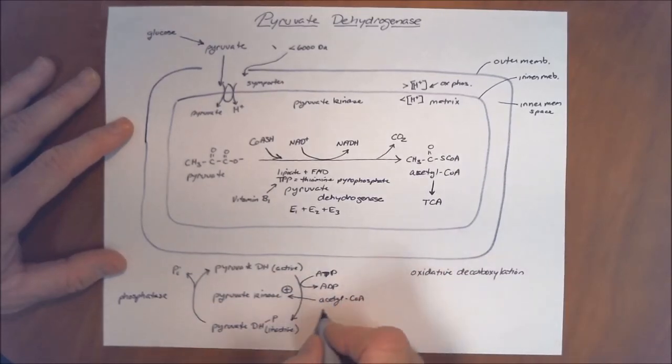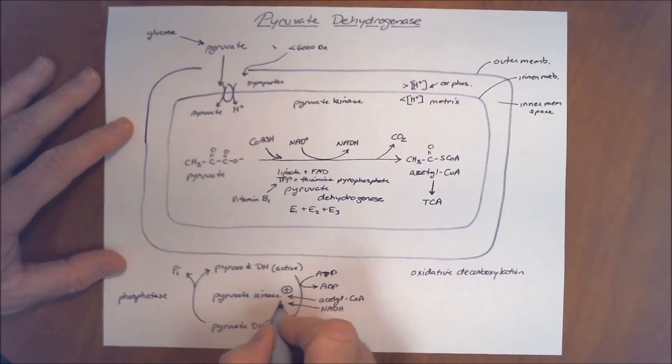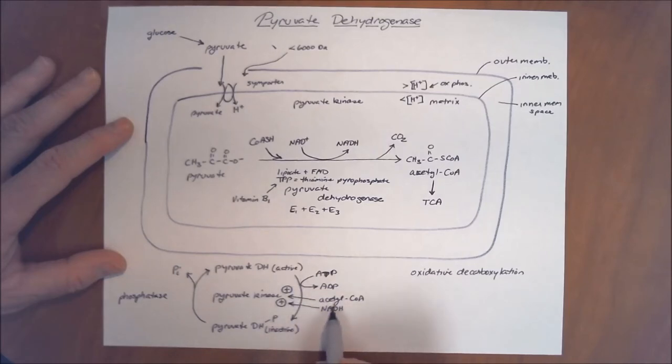The other product of this reaction is the NADH. NADH will also activate the kinase. If the kinase is active, it will take ATP and phosphorylate the dehydrogenase enzyme, inactivating it. And this is in response to buildup of product to slow the dehydrogenase enzyme down.